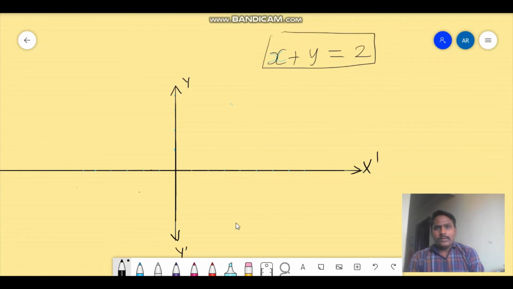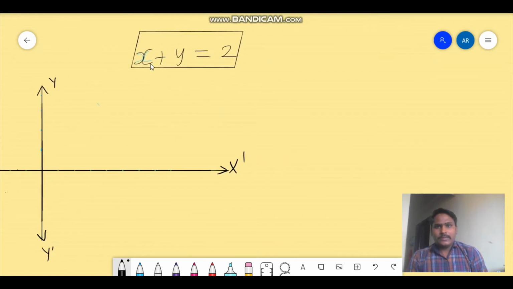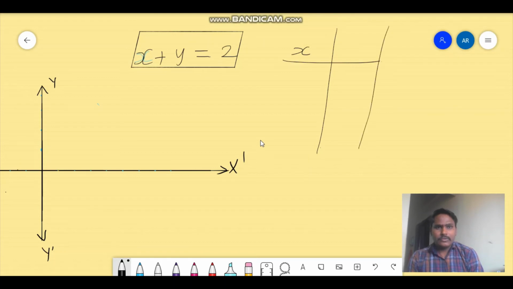If we want to find the graph of this equation, for drawing the graph I must know the values of x and y. First of all, let's take the value of x as 0, so that means y will be equal to 2.